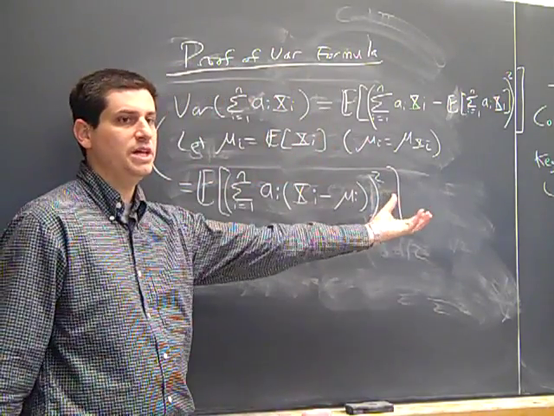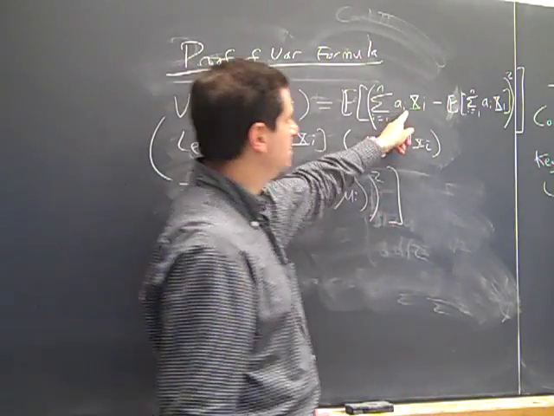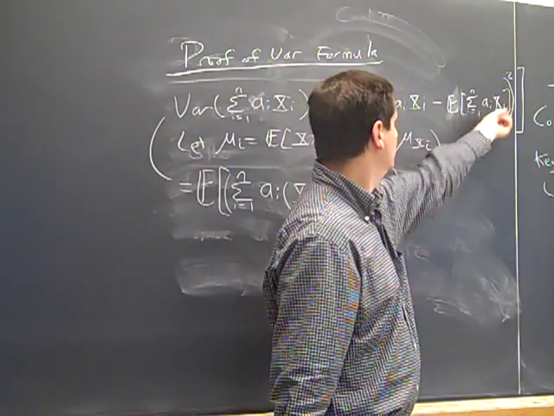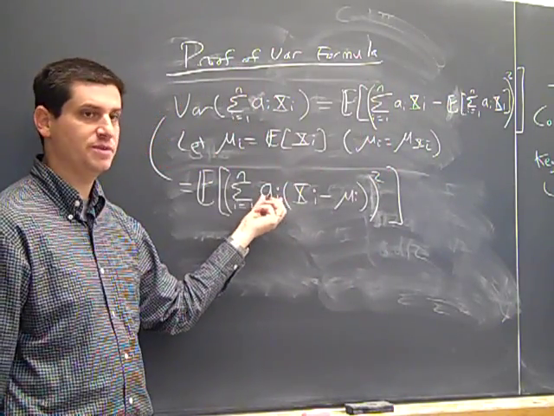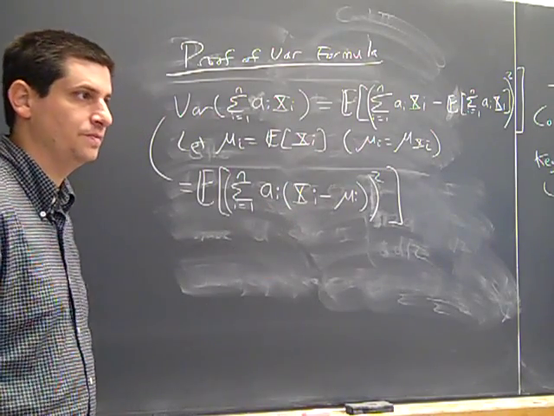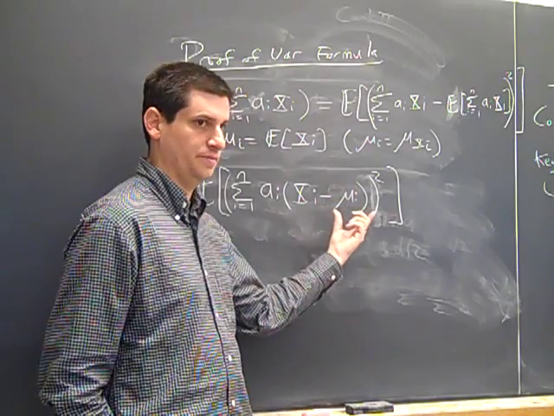We're basically grouping, as before. I have an xi here, I have an xi here. Let's put them together. And they're both being hit by ai, so we have something like this. Okay? So now we have to expand out the square.